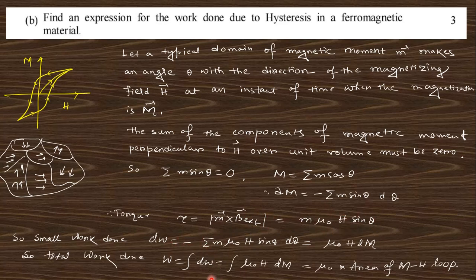So the work done equals tau d theta. If you do this integration, it is nothing but the M dH integration, which is nothing but the area of the loop. So the work done in this process is nothing but mu naught into the area of this loop, right?